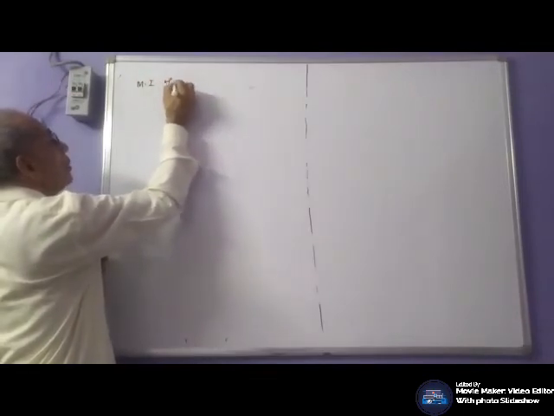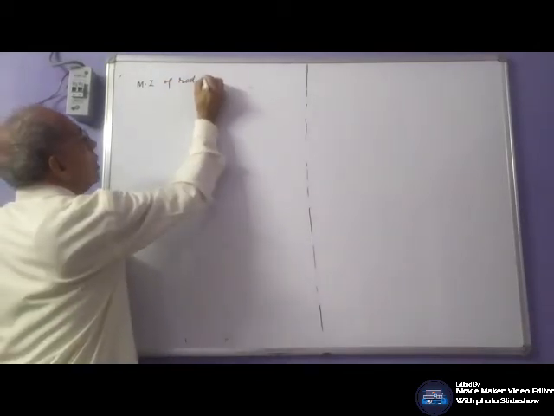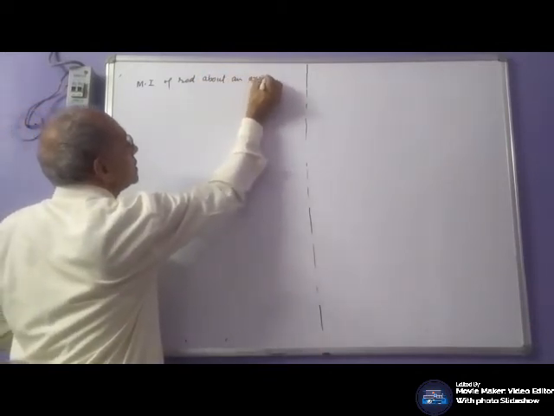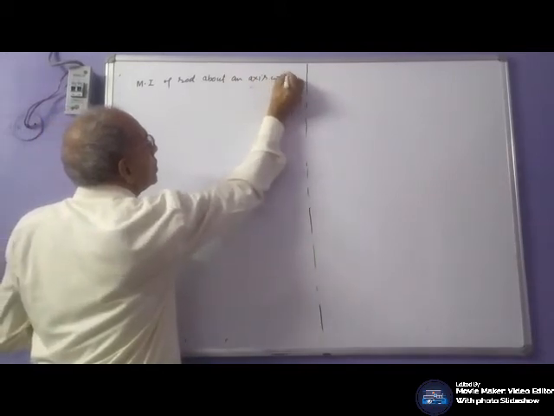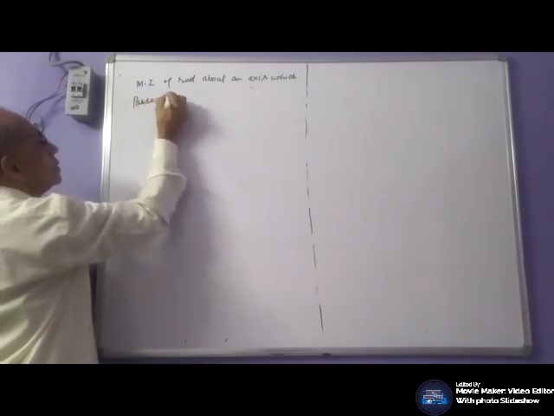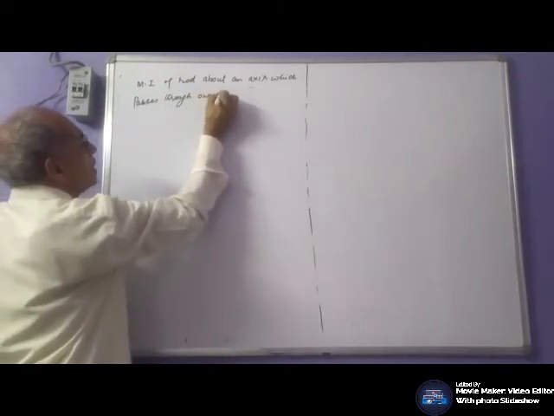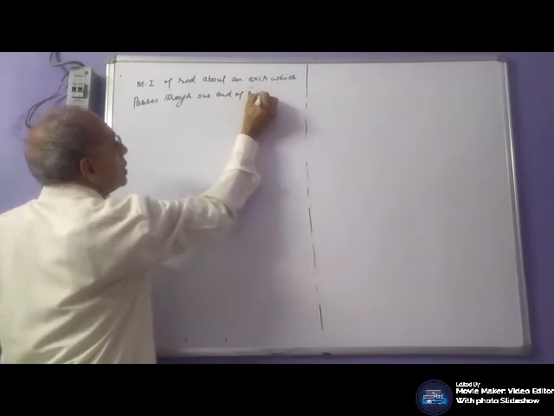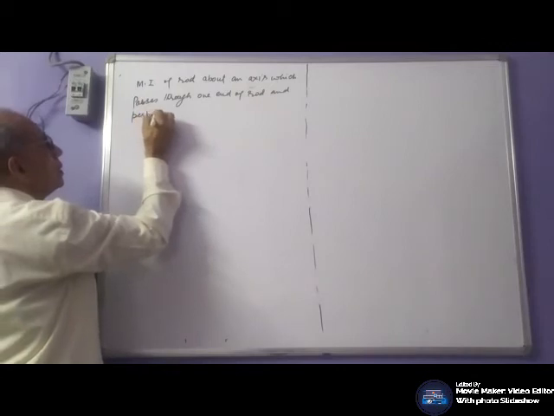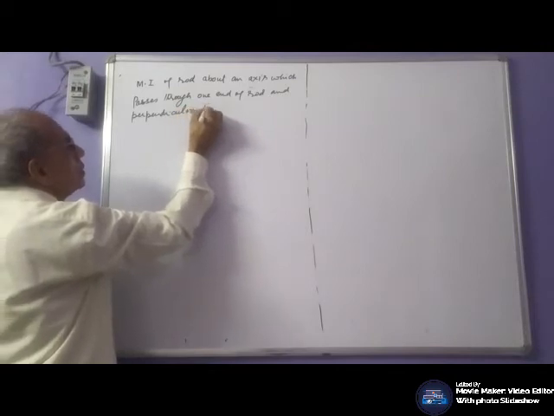Moment of inertia of a rod about an axis which passes through one end of rod and perpendicular to rod.